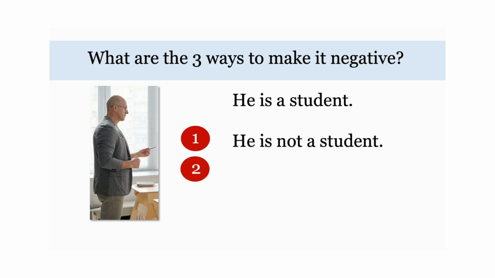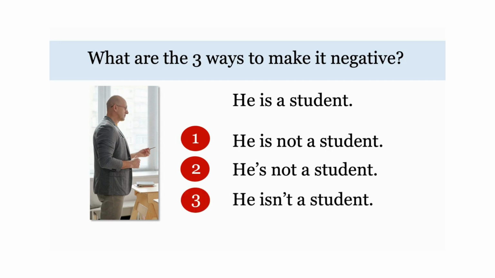The second way is to make a contraction with he and is. He's not a student. And the third way is to make a contraction with is and not. He isn't a student. Notice in all 3 ways, we still have is and not.